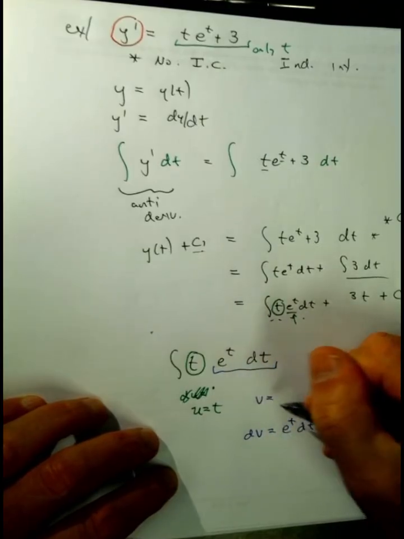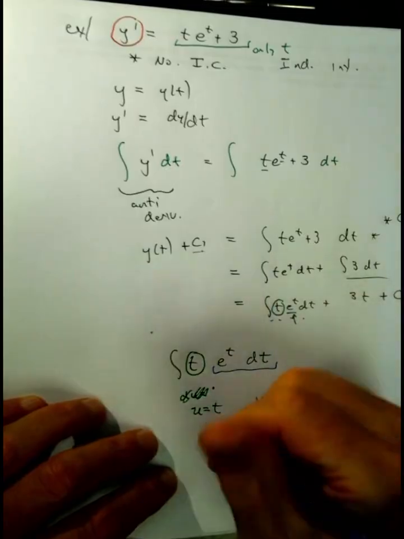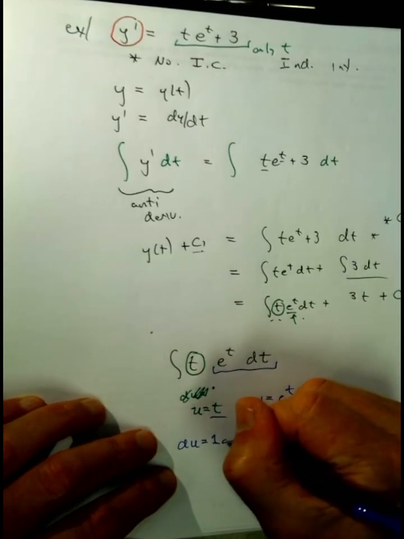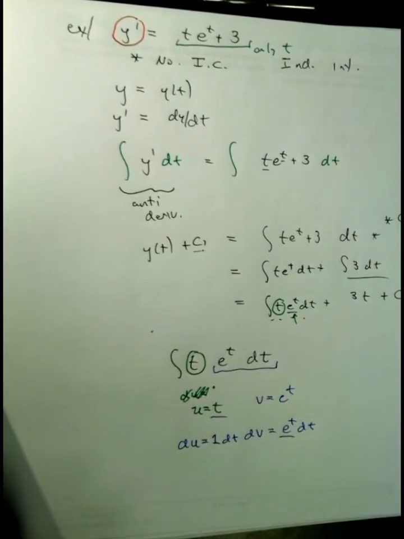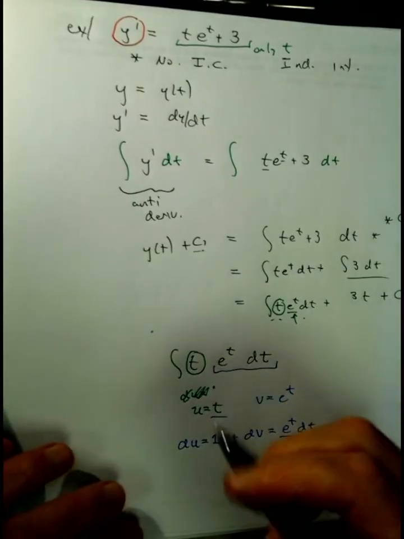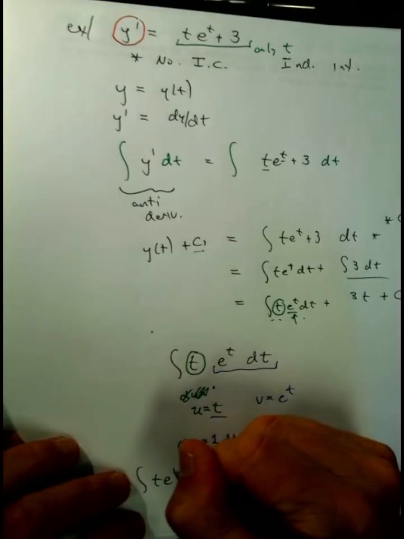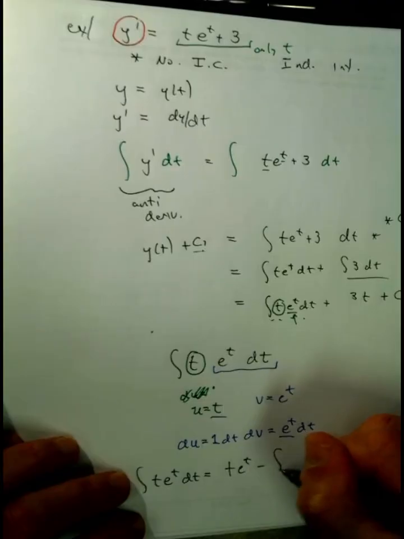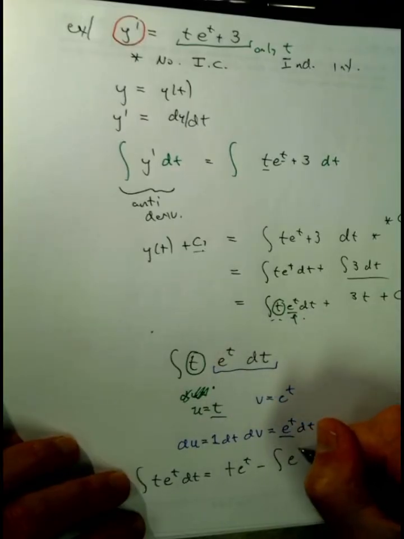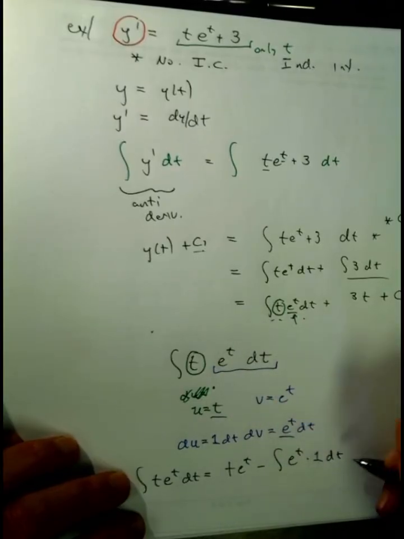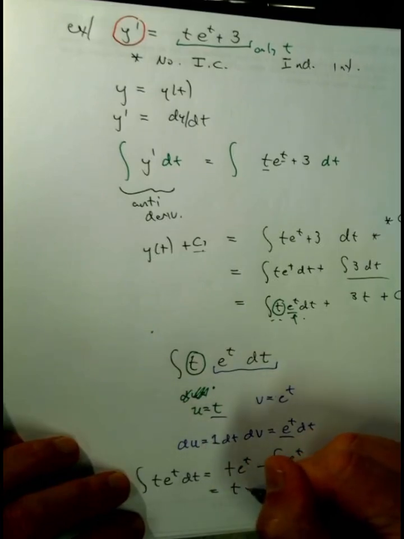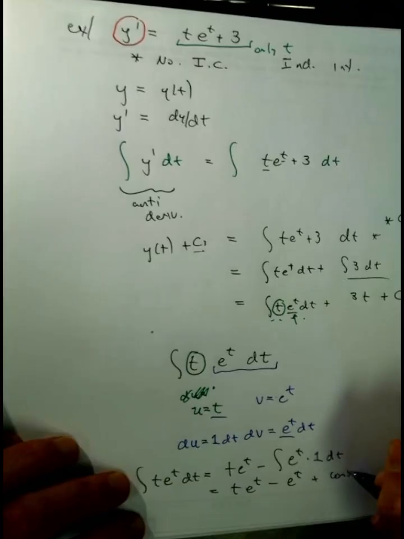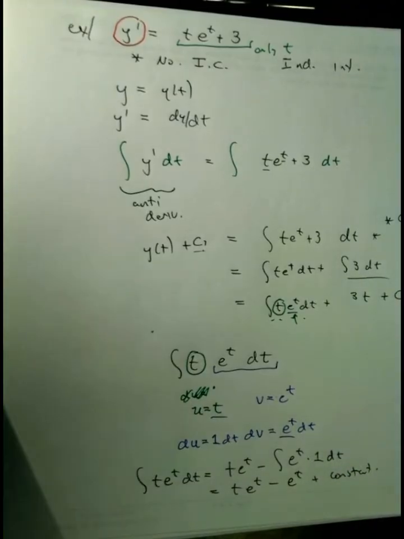And that implies that v is the antiderivative of that, which is e to the t, and my du is going to be the derivative of that, which is going to be 1 dt. Okay, so I'm going to get that the integral of t e to the t dt is u times v minus the integral of v du, but then the antiderivative of e to the t is just e to the t, and I'm going to have to add a constant there.